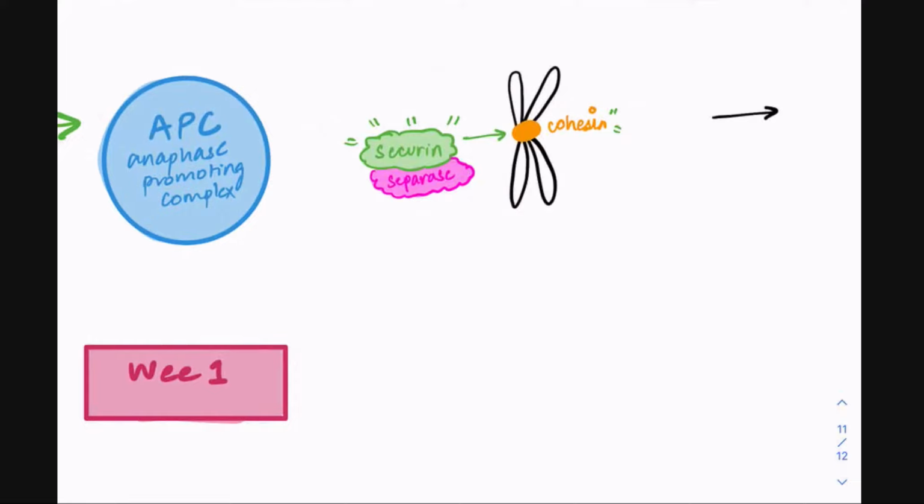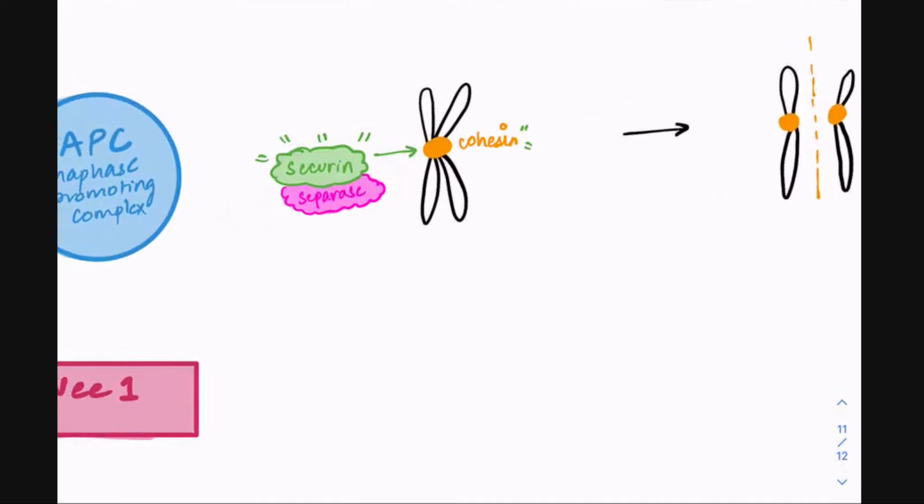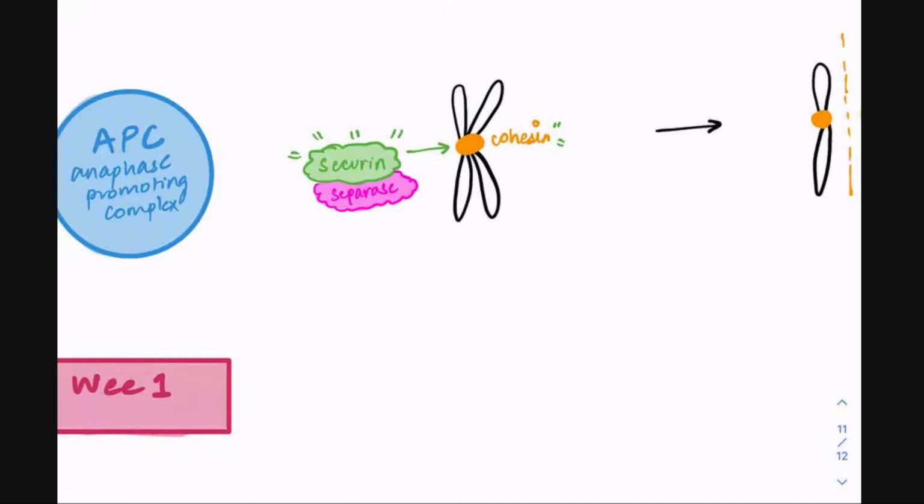However, when we're in our anaphase, we need to break that cohesin protein and split our sister chromatids apart. So for that, we have to turn off securin, and that's what APC does. APC is able to take securin and send it for proteasomal degradation. It ubiquitinates it and sends it for degradation.